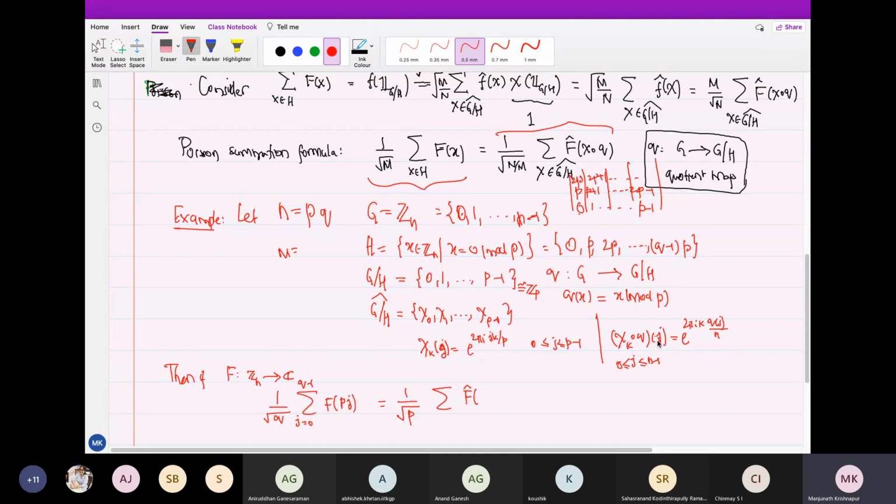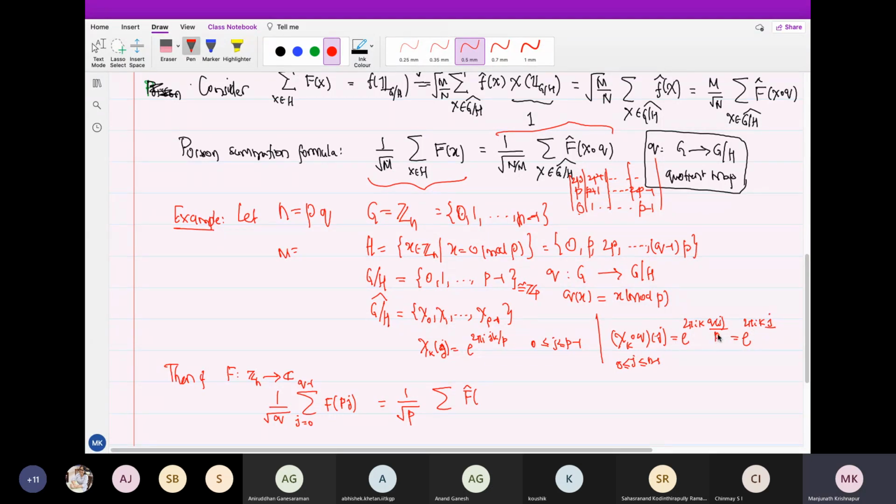So by definition, q of j, that is instead of j I have q of j. But what is q of j? Q of j is j mod p.